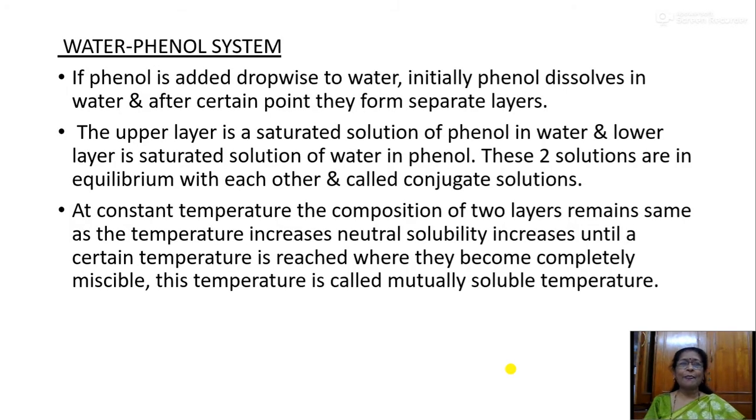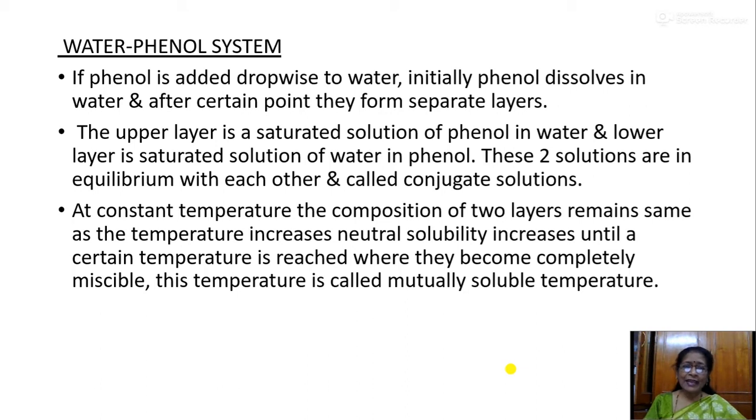Now let us see the water phenol system. If phenol is added dropwise to the water, initially phenol dissolves in water, and after a certain point they form separate layers since it is a partially miscible liquid.